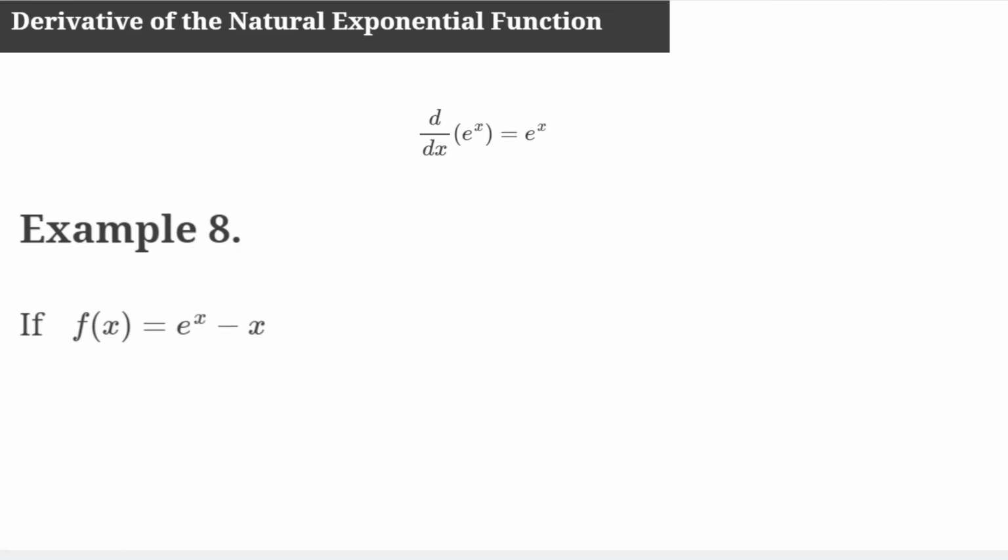But the natural exponential function, e to the x, the derivative of it is e to the x. It doesn't actually change. So if we're looking for the derivative of this, e to the x just stays e to the x. And what's the derivative of negative x? It's just negative 1.